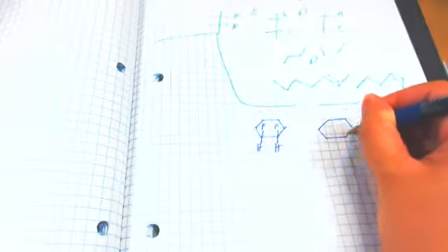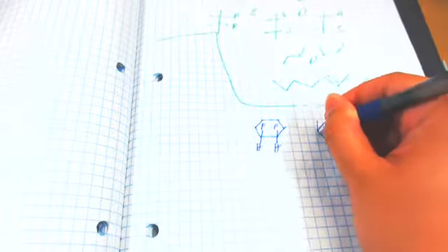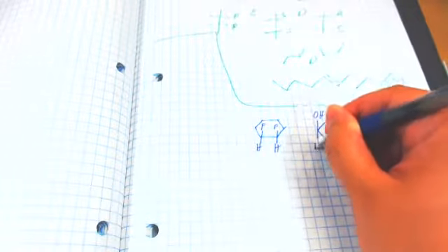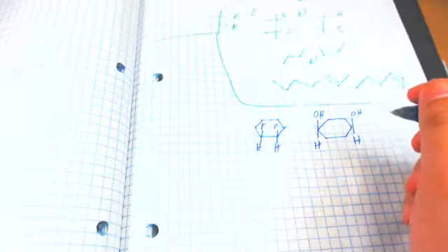So first off, we need to talk about things with a plane of symmetry. When something has a plane of symmetry, that means you can draw a line down the middle of the compound and you have two halves that are the same.